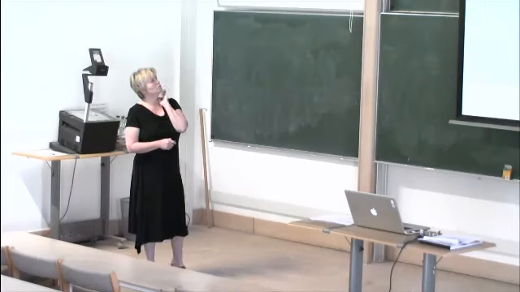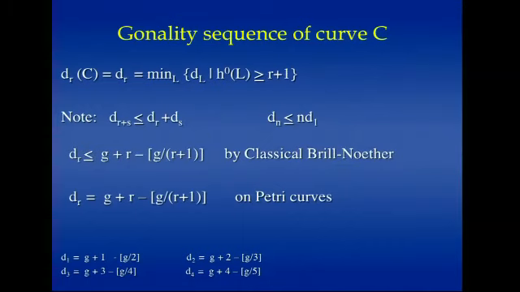So the Rth gonality of the sequence, D_r, is where we minimize the degree of the bundle that has R+1 sections. For example, you can calculate D1.